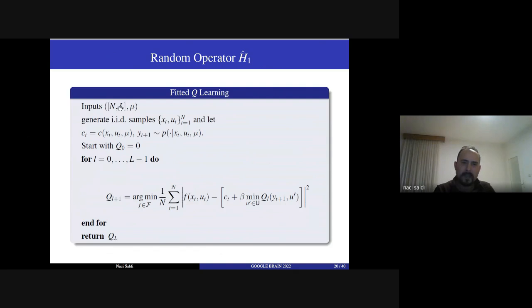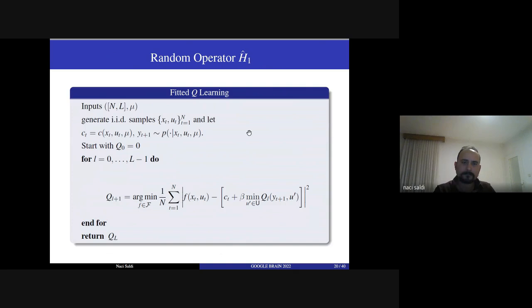Here, N is the number of data points, L is the number of iterations, and mu is the input, the mean field term. Our goal is to compute the corresponding Q function. So how can we do this using fitted Q-learning? We first generate IID samples of state and action using some distribution, and this distribution satisfies some mild conditions.